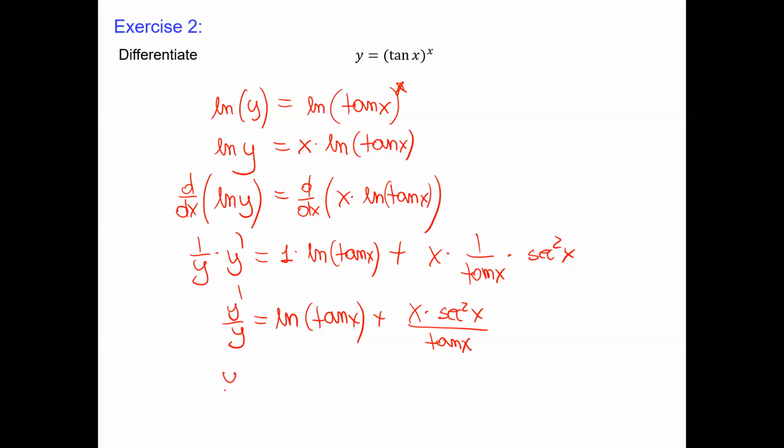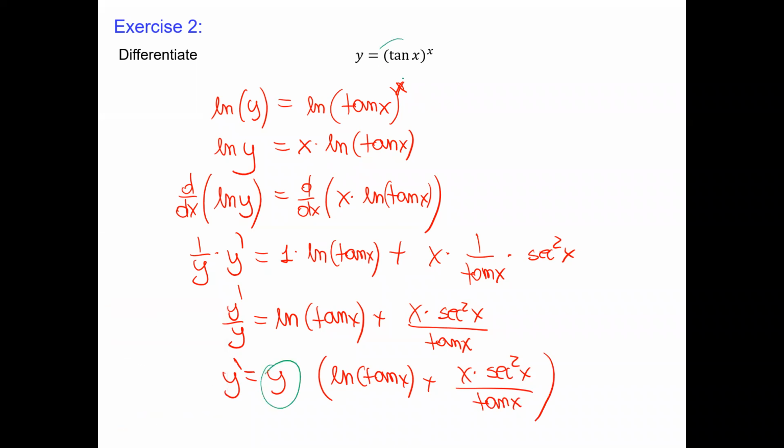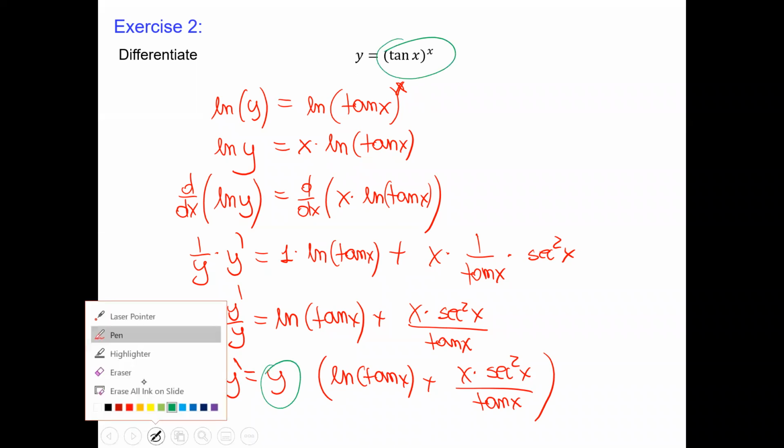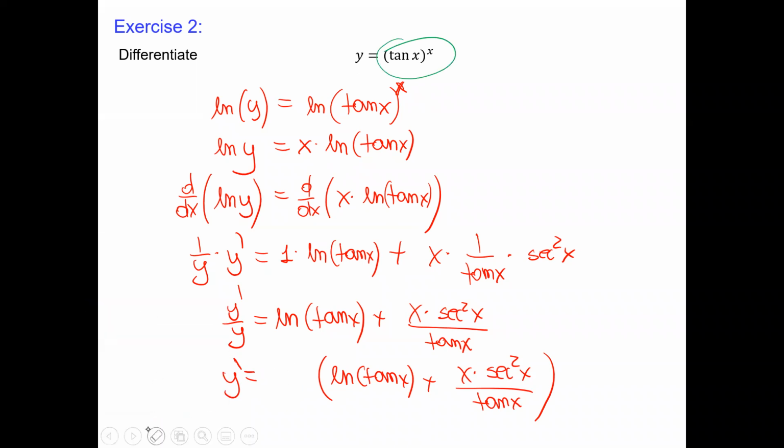And we will multiply both sides by y, natural log tan x plus x secant squared of x over tan x. And of course, instead of y, we will put tan x to the x. I will just put the original formula in terms of x, because this is y.